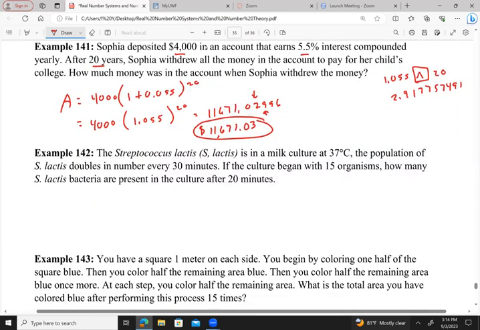Okay, next up, the Streptococcus lactis, or S. lactis, is in a milk culture at 37 degrees Celsius. The population of S. lactis doubles in number every 30 minutes. If the culture began with 15 organisms, how many S. lactis bacteria are present in the culture after 20 hours?